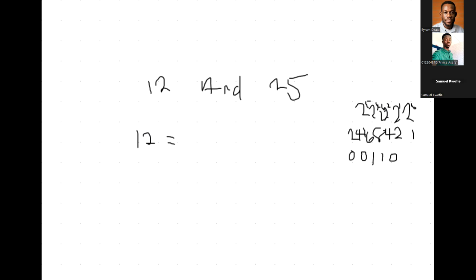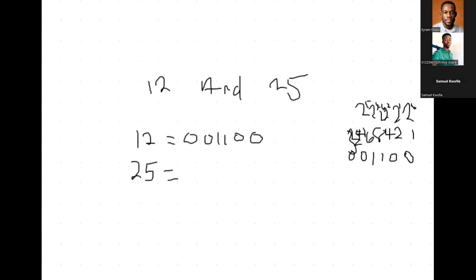So we are going to get 0, 0, 1, 1, 0, and then 0. Then 25 to binary. Sorry, this should be 32.